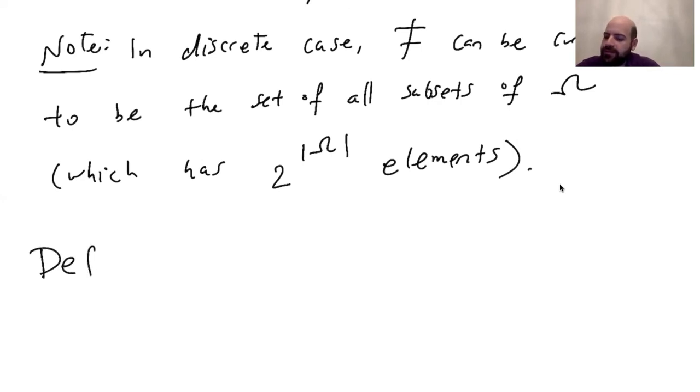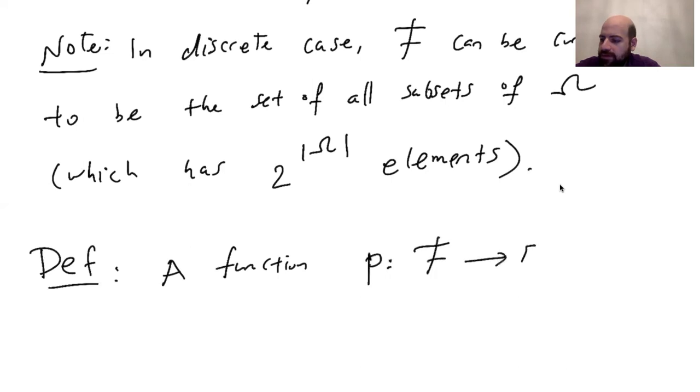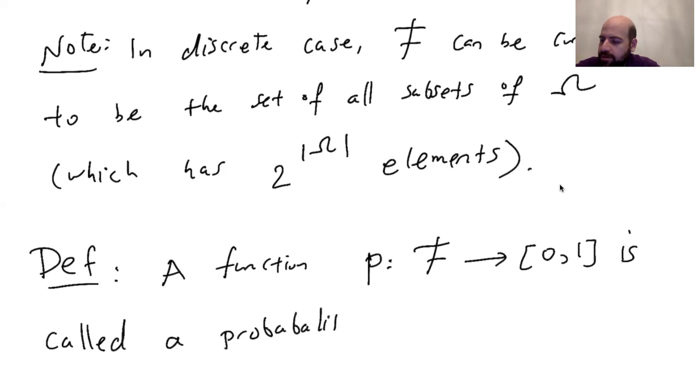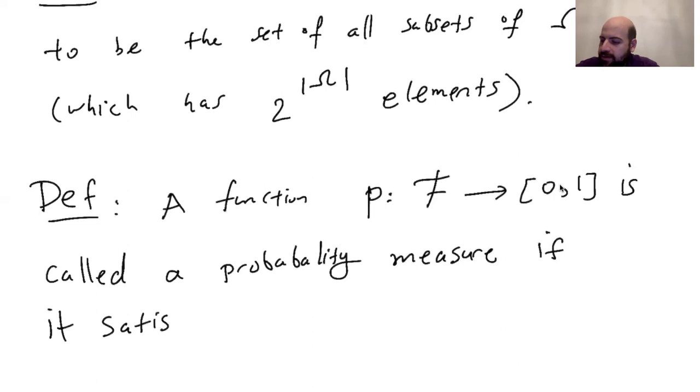Let me give you the next definition. A function P from curly F to [0,1] is called a probability measure if it satisfies the following axioms.